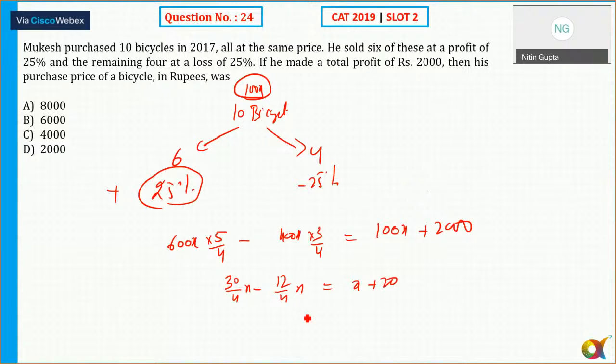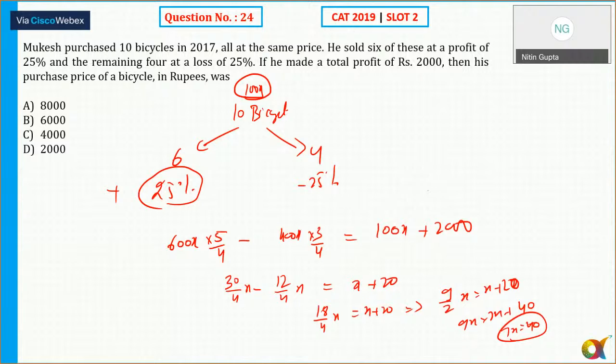So 30 minus 12, that is equal to 18. So 9 equal to 2x plus 40, and I'll get 7x is 40. I might have done some calculation mistake here.